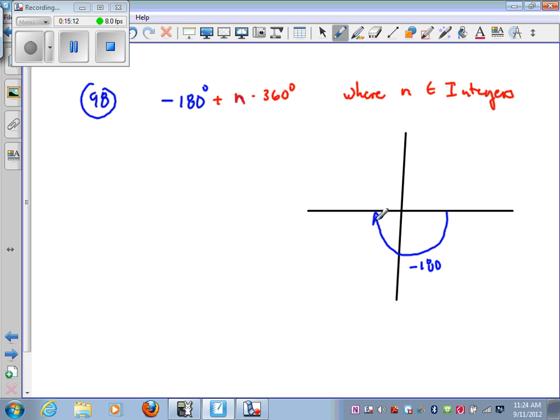If I go 1 times it, it will take this around 360 degrees and go back right there. So then it'll be a positive 180. Then if I go 2 times it, then it'll go 360 on top of 180, and so on. You'll just keep rotating at 360 degrees. If I start here and I go n is a minus 1, then it's a negative 360, so it'll rotate on around and come right back here. And then 2, it'll just go around again, and so on. So that's how you express it. So that'll be the extent of what we'll do on section 1.1.